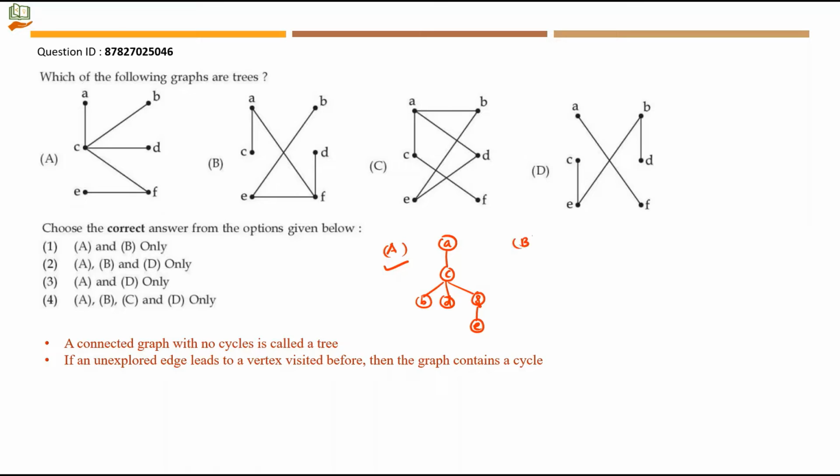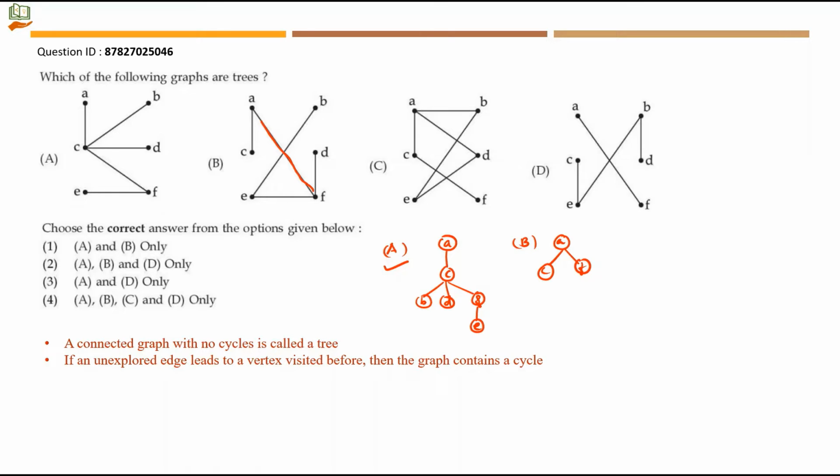Now we will check for B. So we will start with A. A has 2 branches, C and F. So it is an intersecting edge, but you have to go to F. So we will have C and we will have F here.